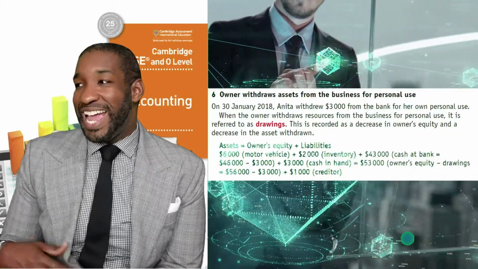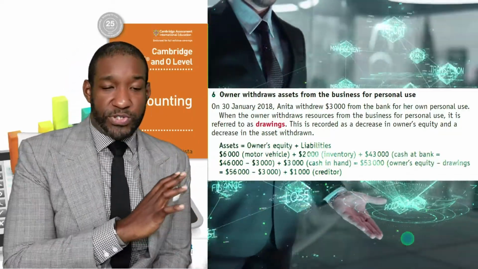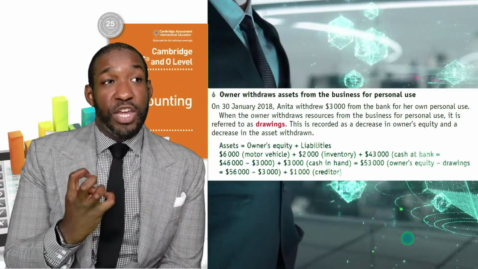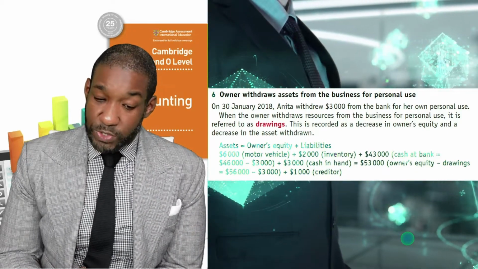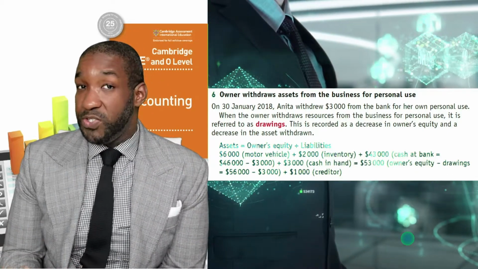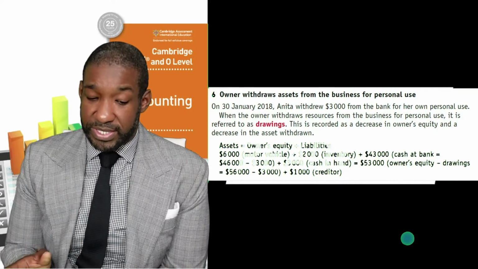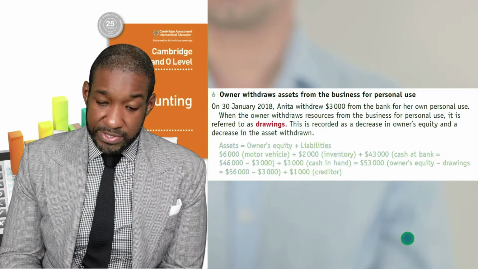Money is being taken out of the business, completely out of the business, and into the personal account of Anita, which is reducing owner's equity in the business. Therefore, assets equals owner's equity plus liabilities. We know that both assets and owner's equity will go down and liability should stay the same. Assets: motor vehicle still costs $6,000.